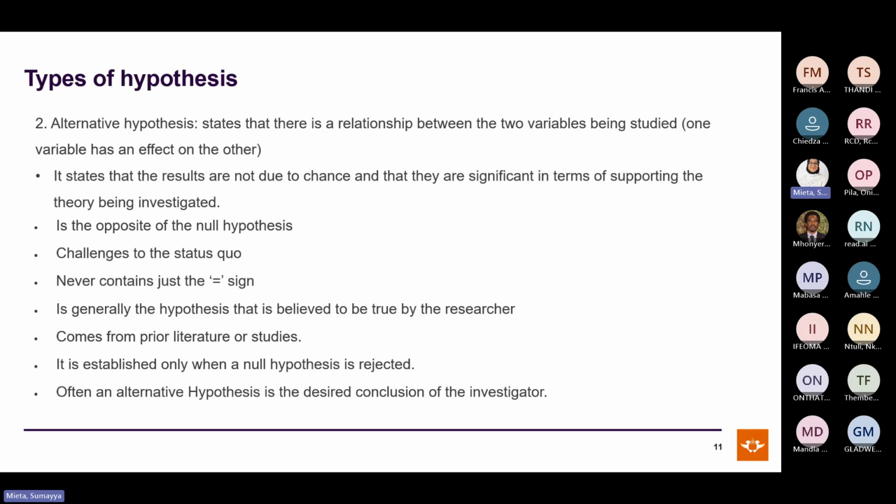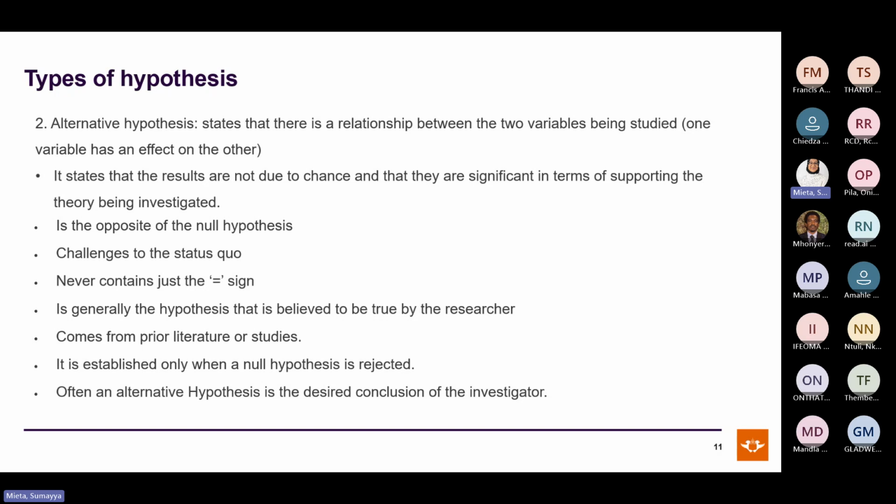And I'm sure all of you have heard of the p-value and the probability. So there has to be a certain amount of experiments or samples that are being tested for you to be able to state that the results obtained are significant and were not by chance.